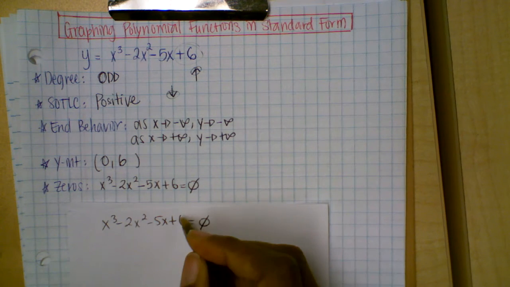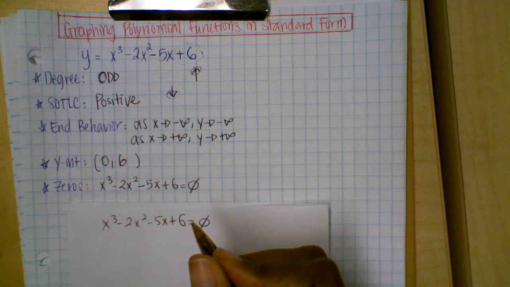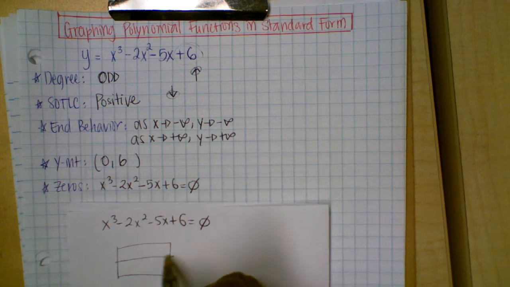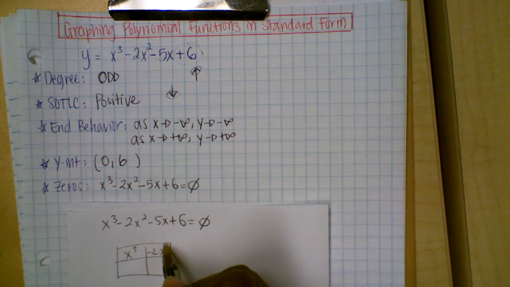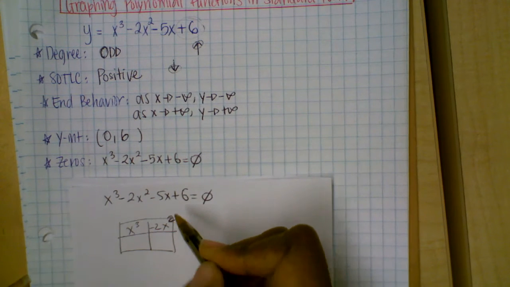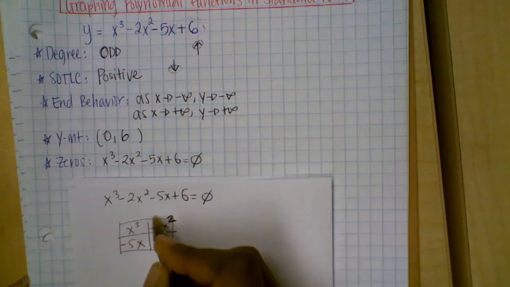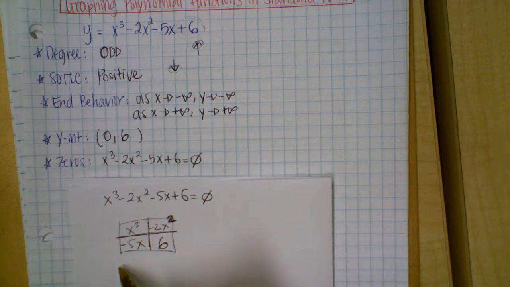I know in the previous video I showed you how to factor by grouping or using the box method. Here we cannot use the box method or by grouping. The reason is simple. When you fill in the boxes with every term in its corresponding space, what do we notice?